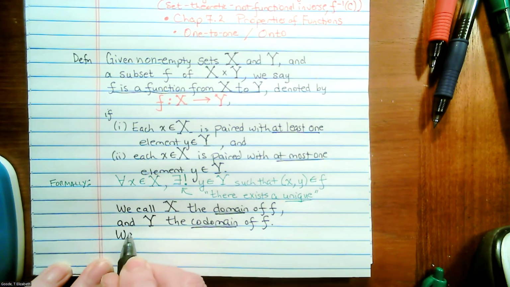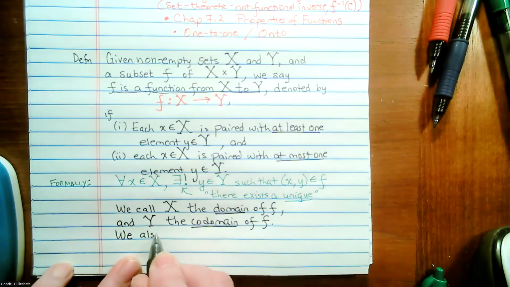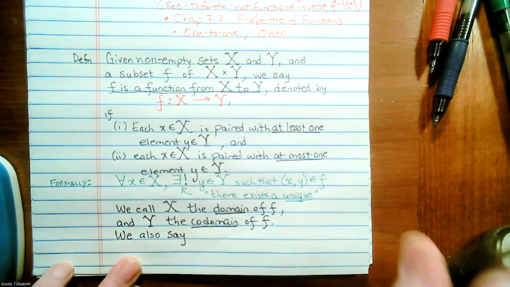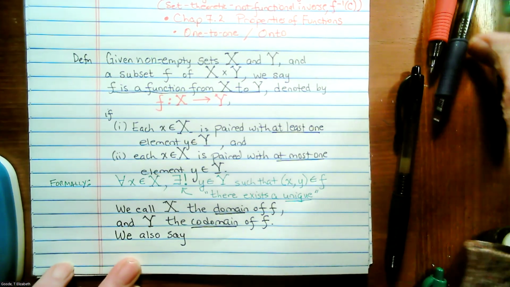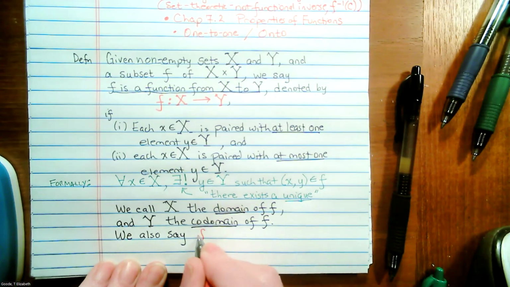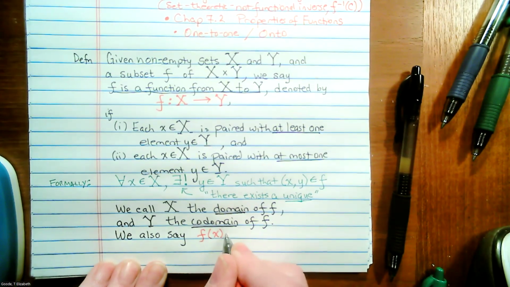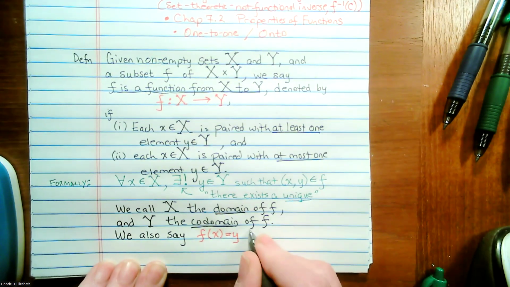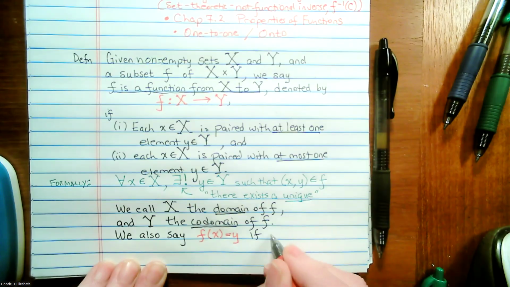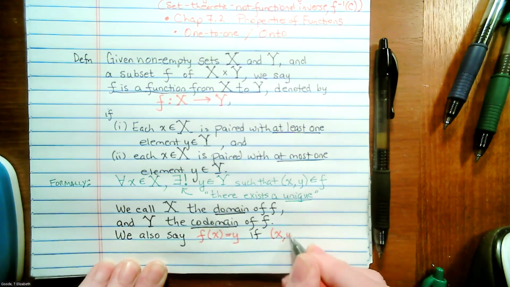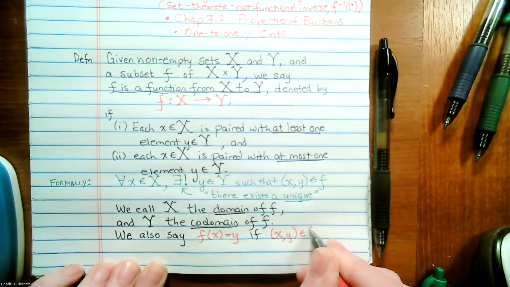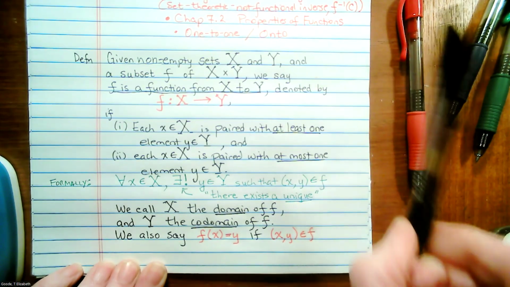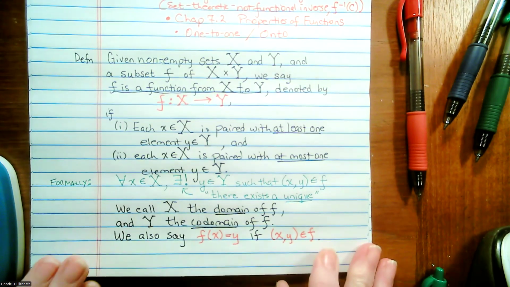We'll define that formally shortly, but we also say, well, you are probably familiar with this notation. F of X is equal to Y if, in fact, that ordered pair little x comma little y is an element of the set F. Okay? So a lot of this should look familiar.